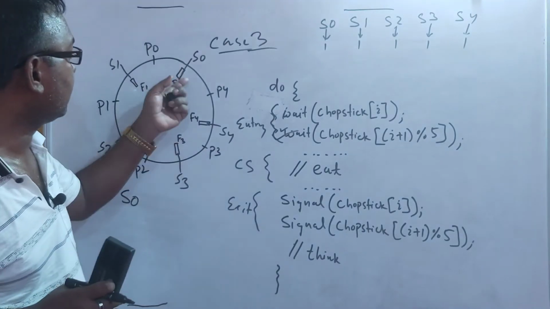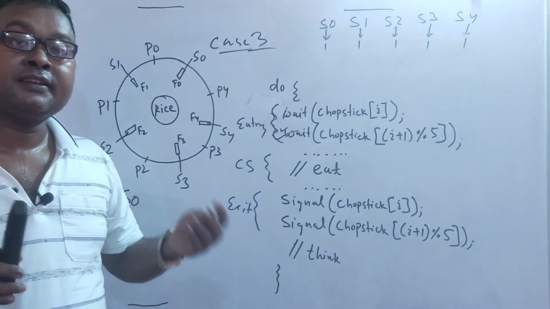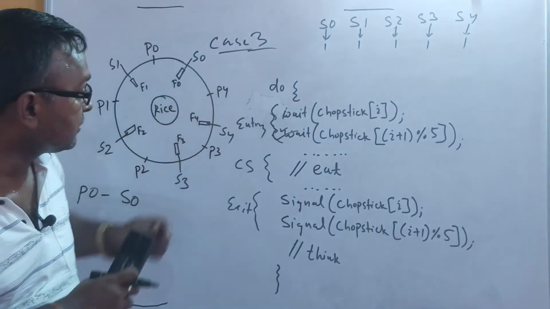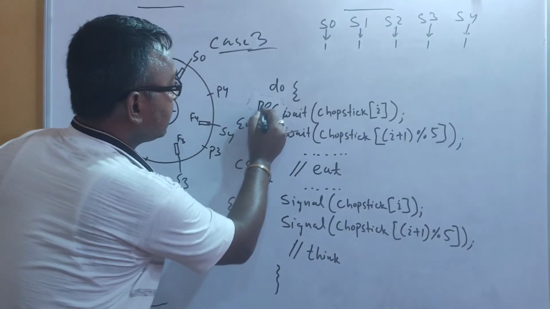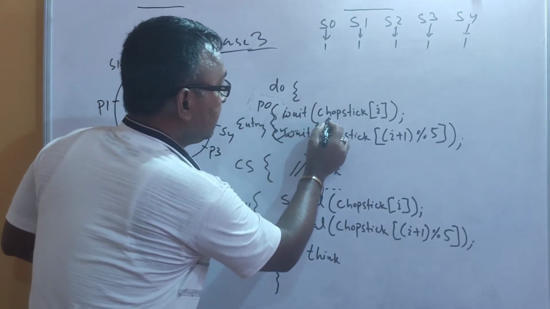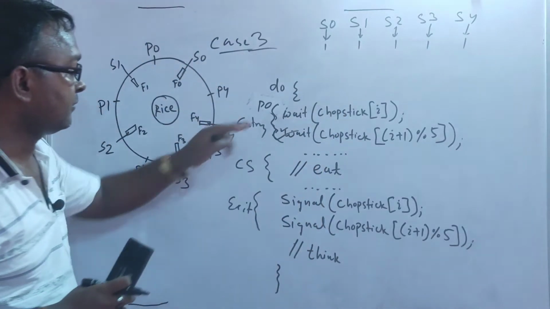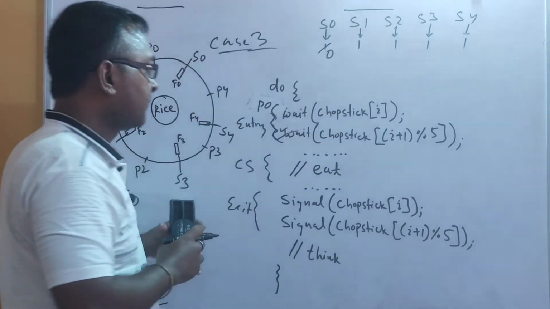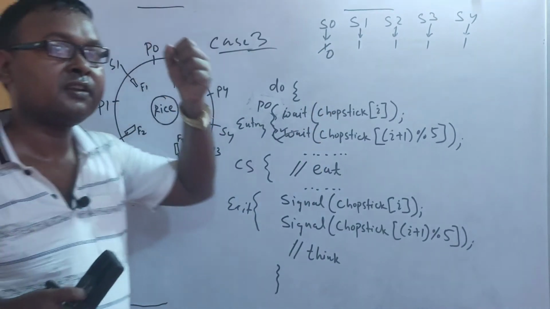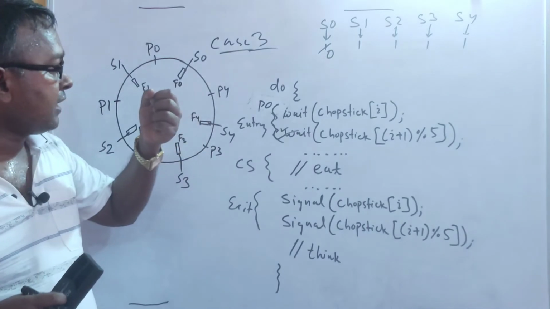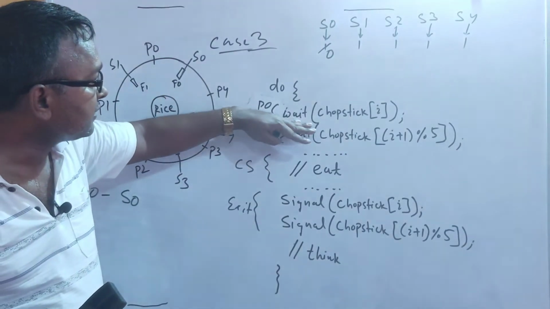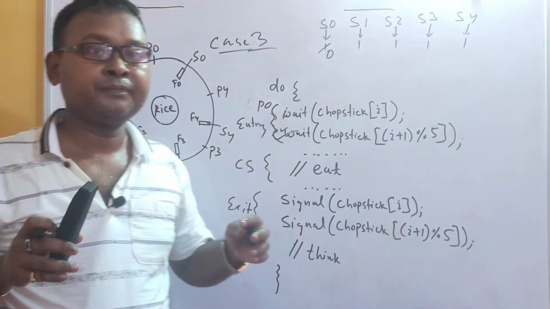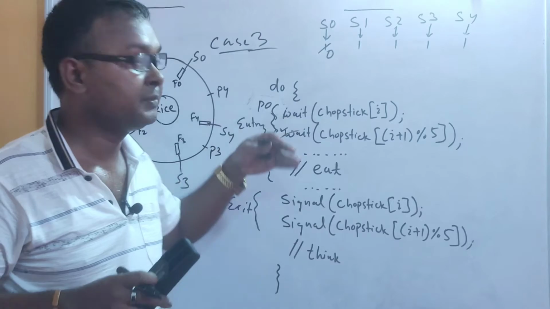It will execute this code with semaphore S0, decrementing the semaphore value from 1 to 0, thereby picking the fork F0. When P0 executed this line of code, due to some problem, it gets preempted.